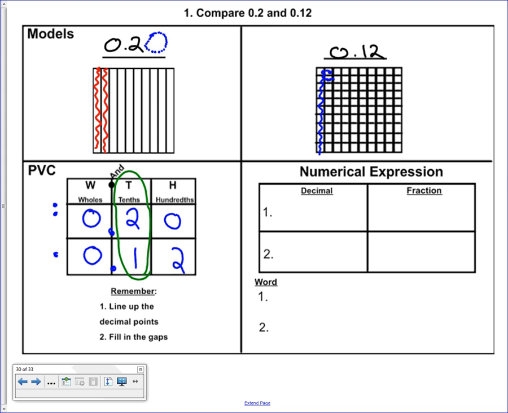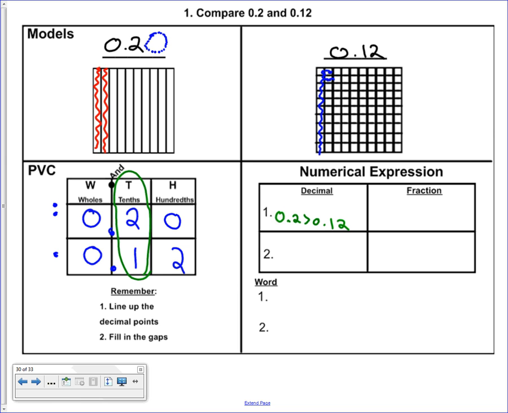Right there. So numerical expression would be two-tenths is greater than 12/100.